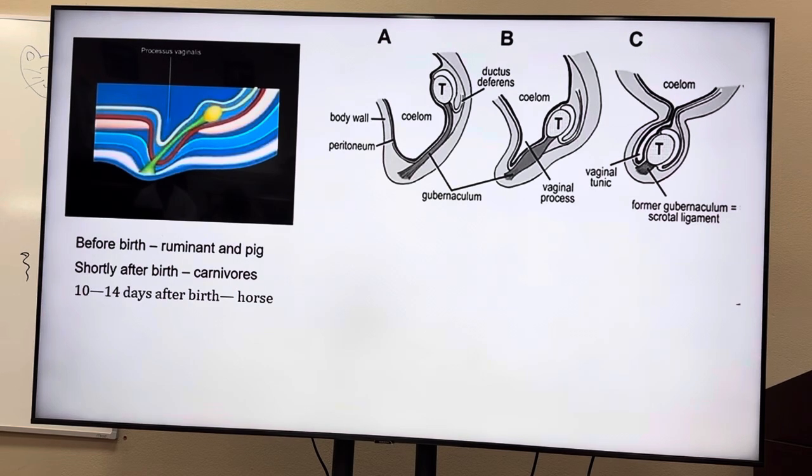The testicles develop intra-abdominal. They come all the way from the abdomen, but they don't remain there.